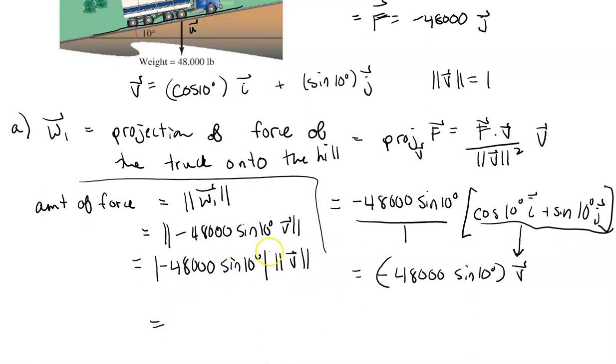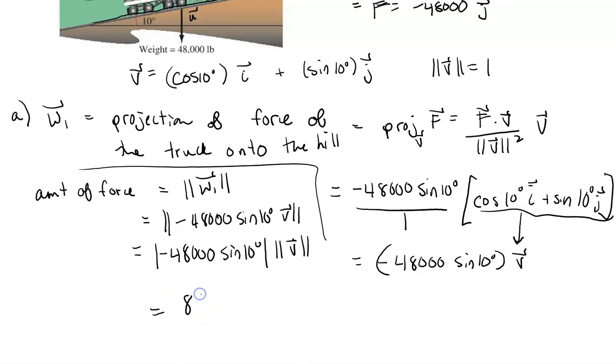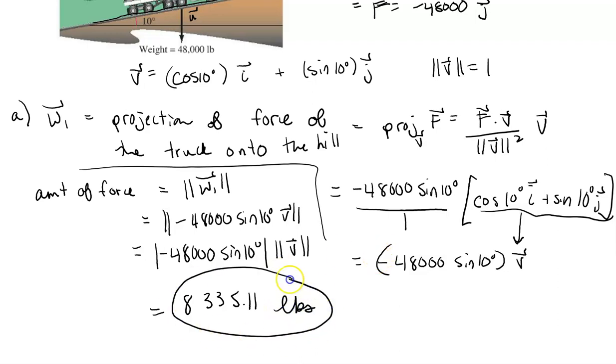And this, if you type into a calculator, is 8,335.11, rounded to 2 decimal places, pounds, times 1. So it's going to take 8,335.11 pounds of force to keep the truck from rolling down the hill.